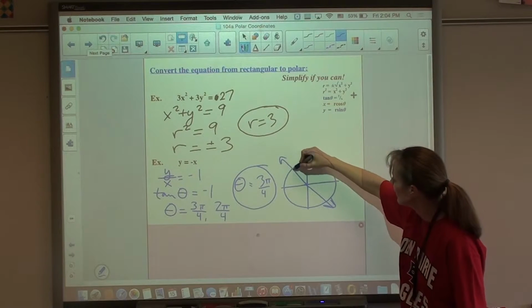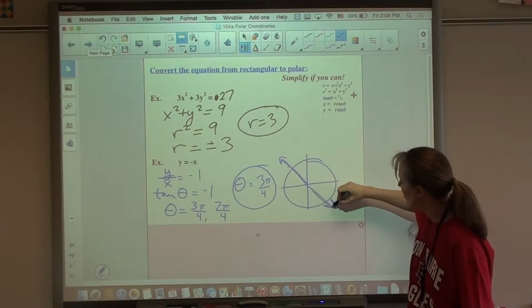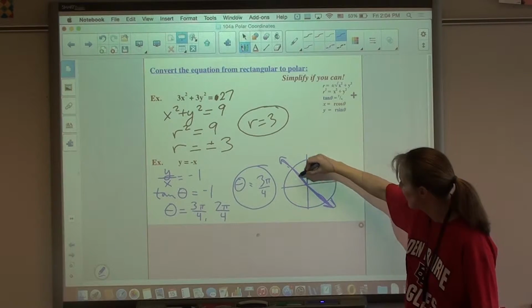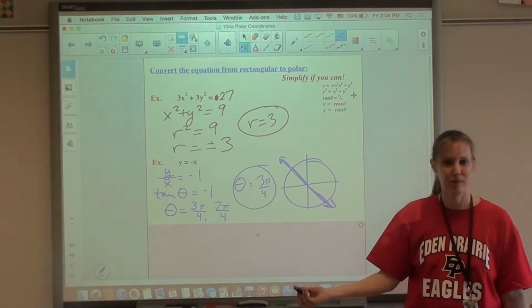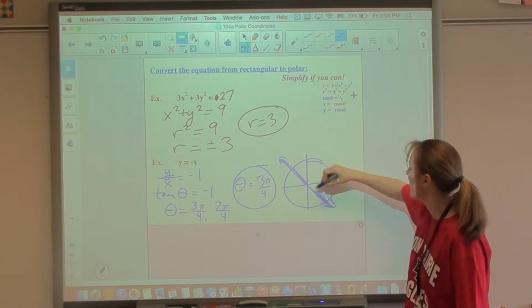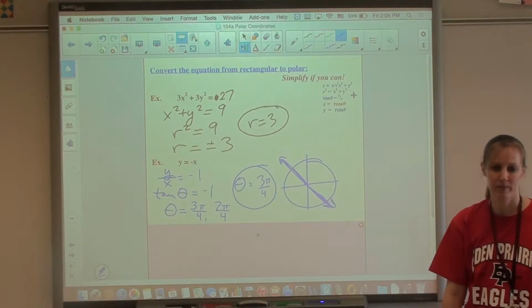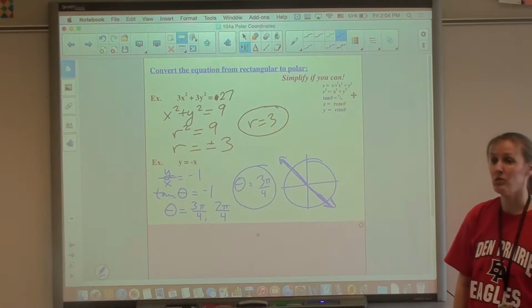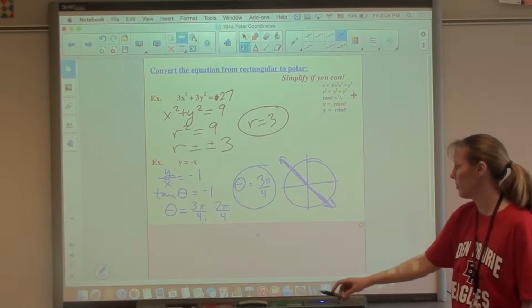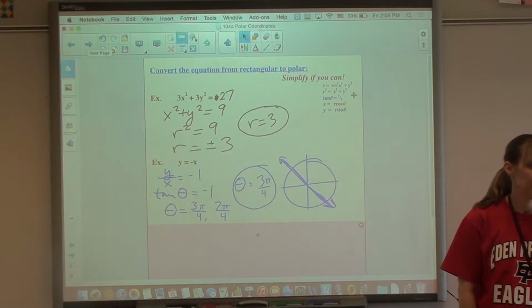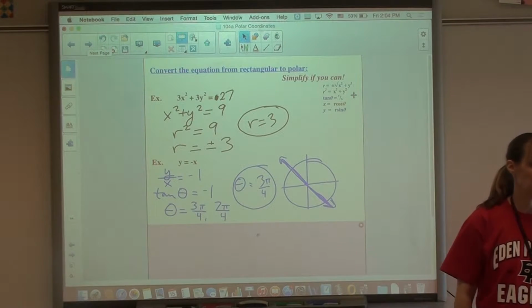But actually, 3 pi fourths covers the whole thing. Why does 3 pi fourths include this part? Because r can be negative, right? So 3 pi fourths is enough to be equivalent to the equation y equals -x. But if you had 7 pi fourths, it'd be the same too, right? So both answers are correct, or just 3 pi fourths? They're both correct, but it's nice to keep it simple.